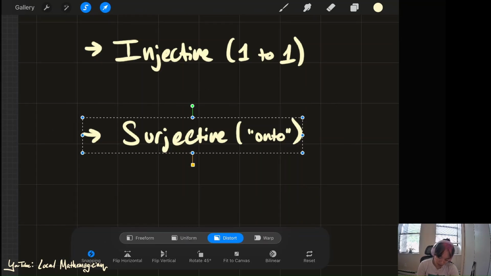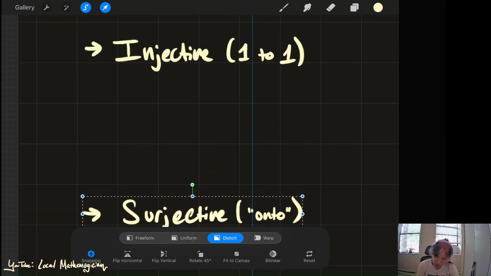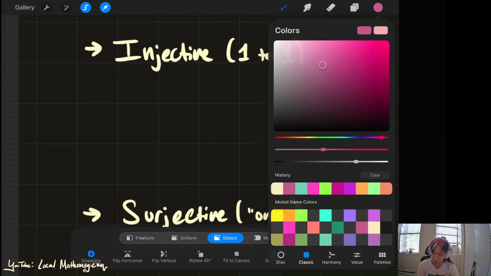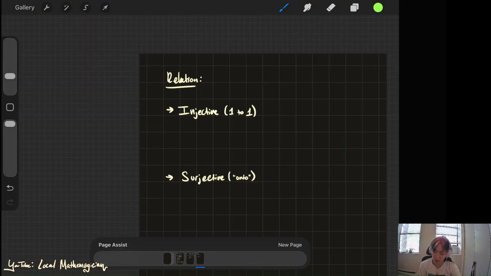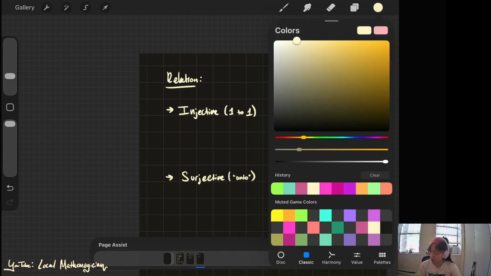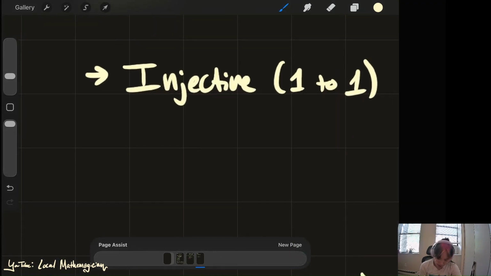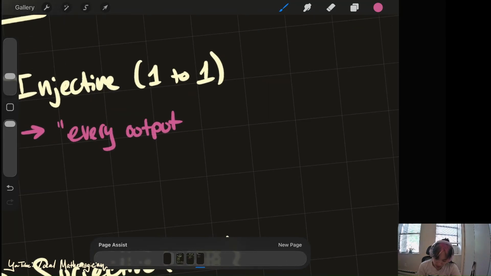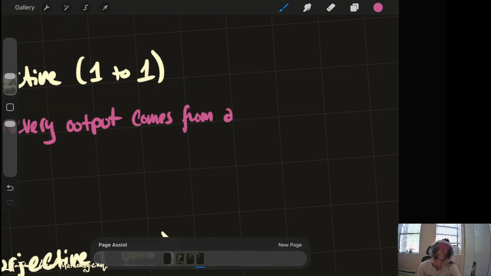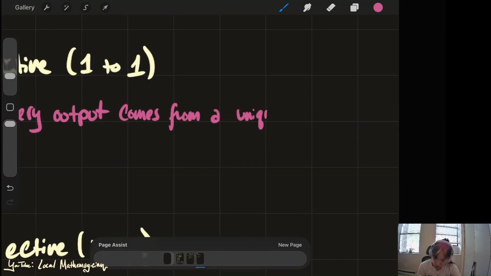When we talk about injectivity or one-to-oneness, it should feel quite straightforward once I talk about it a little bit. Injections are going to make a lot of sense. It means every output comes from a unique input.